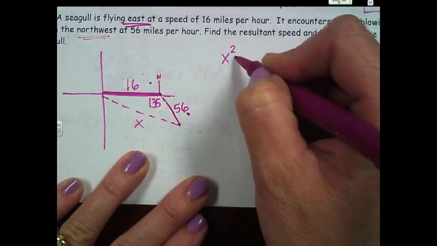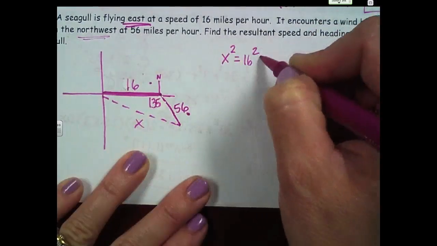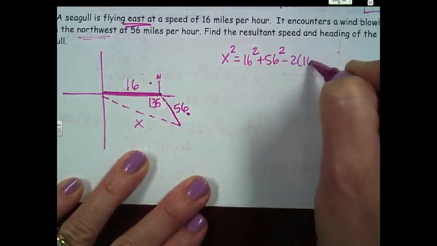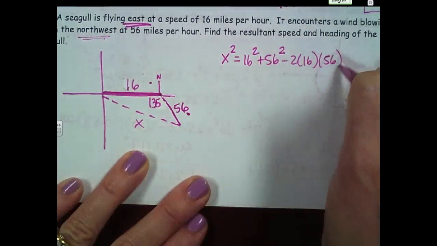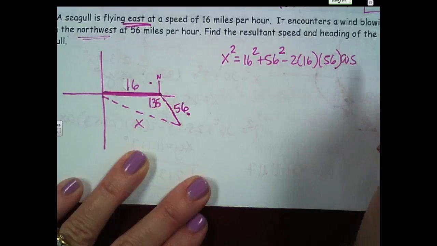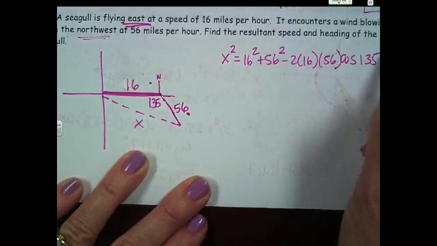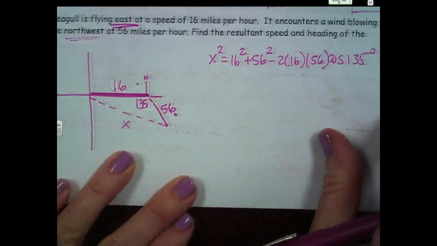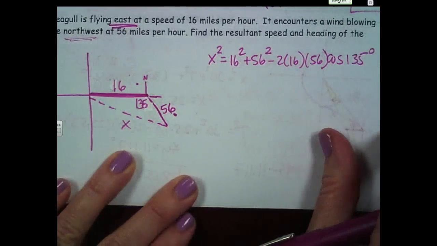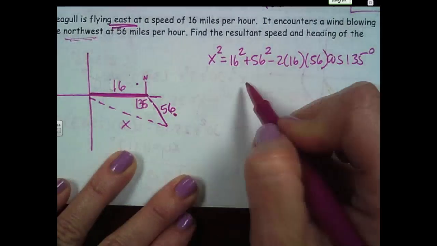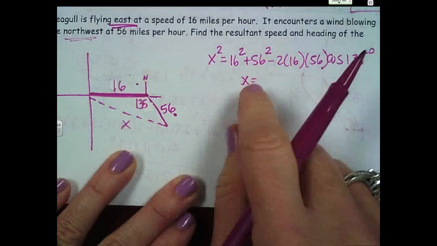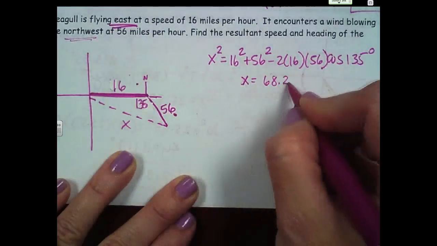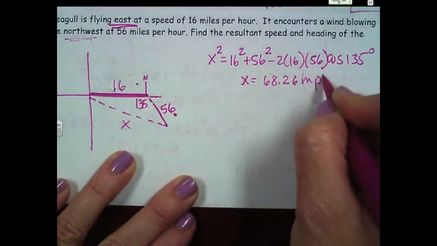X squared equals 16 squared plus 56 squared minus 2 times 16 times 56 times cosine of your 135. Type this in the calculator, the whole thing, and take the square root. So x, once you take the square root, x is 68.26 miles per hour.